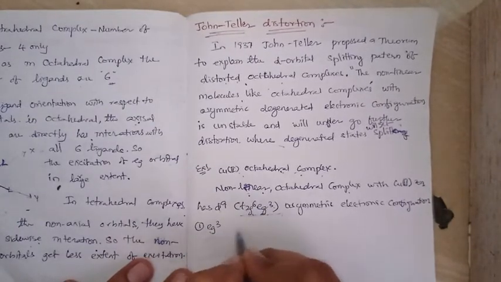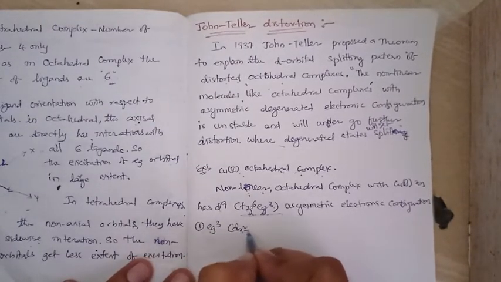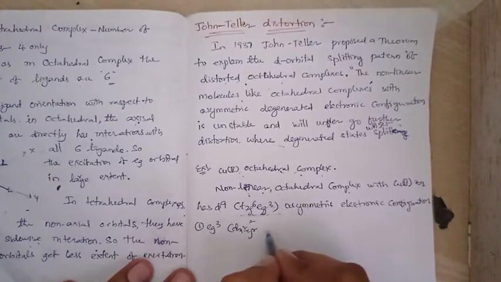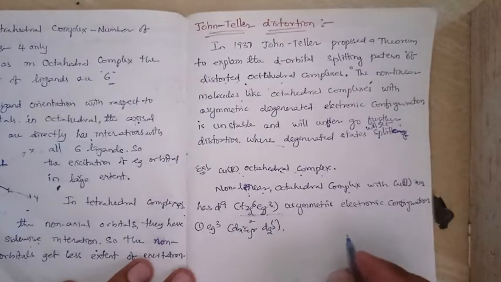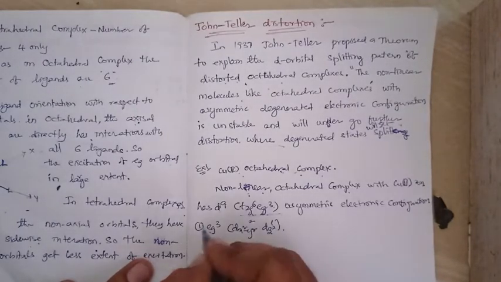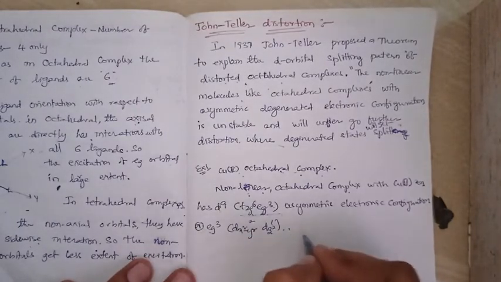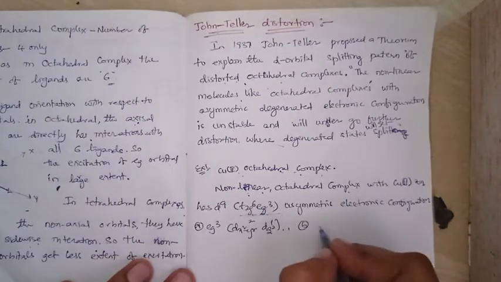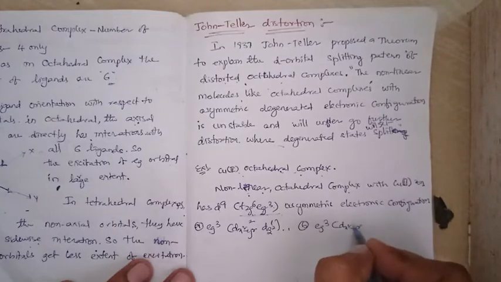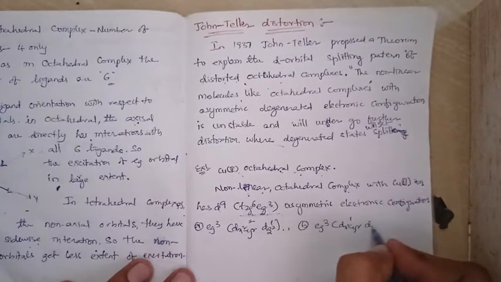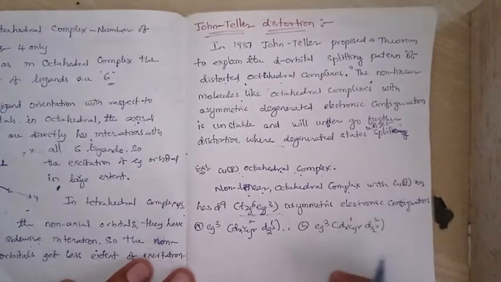In case A, Eg3 may have dx square minus y square with 2 electrons and dz square with 1. Or in the second case, Eg3 can have dx square minus y square with 1 electron and dz square with 2 electrons.